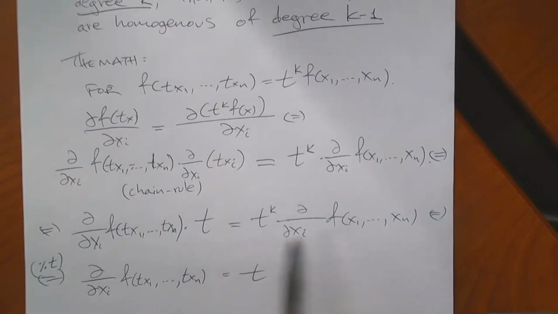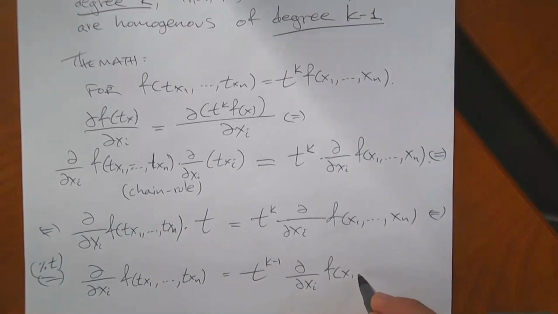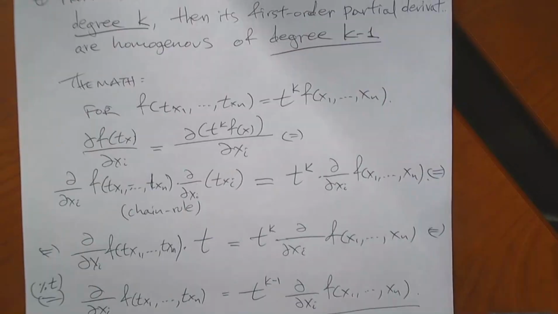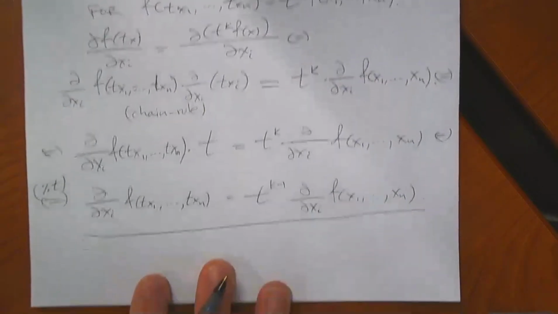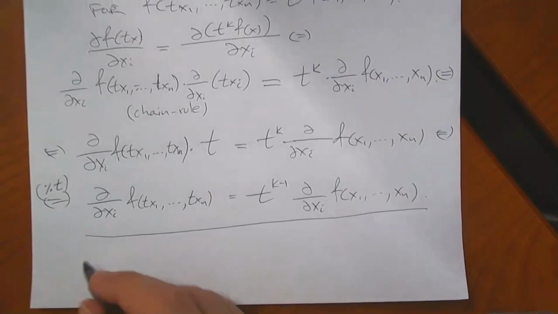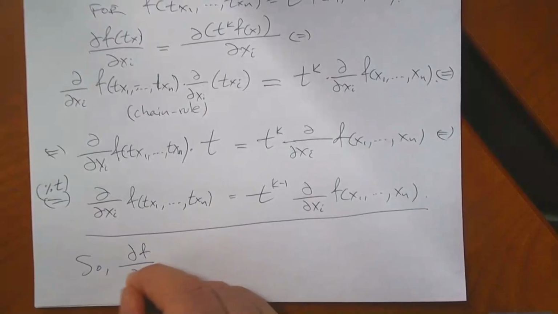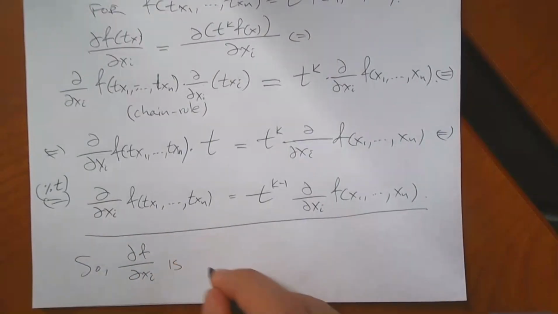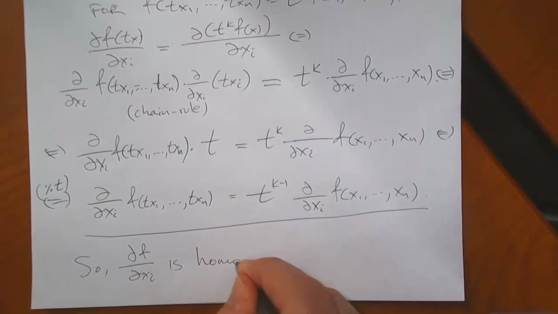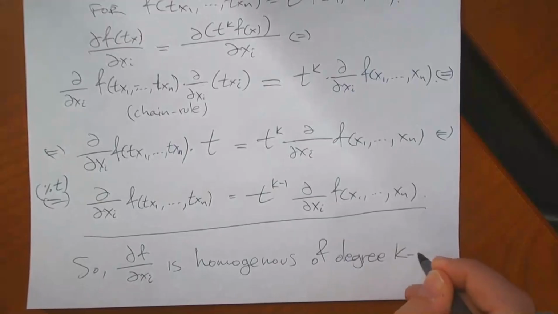So we divide by t on both sides, giving k minus 1. And then the derivative stays the same: del over del xi of f of x1 all the way to xn. This is helpful because we learned something here. And what we learn is that del f over del xi is homogeneous of degree k minus 1.